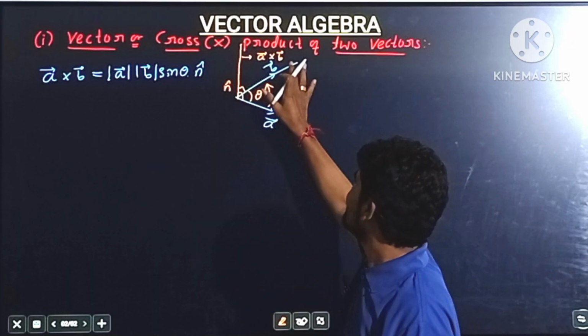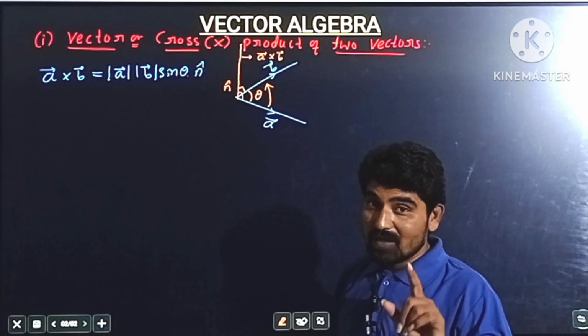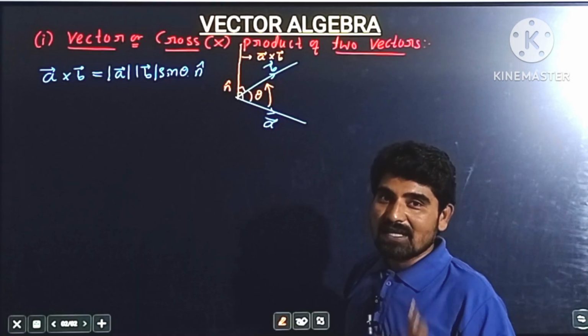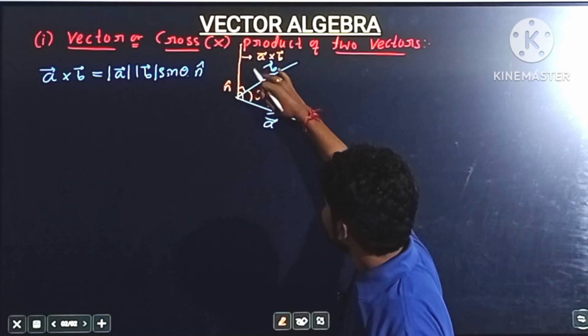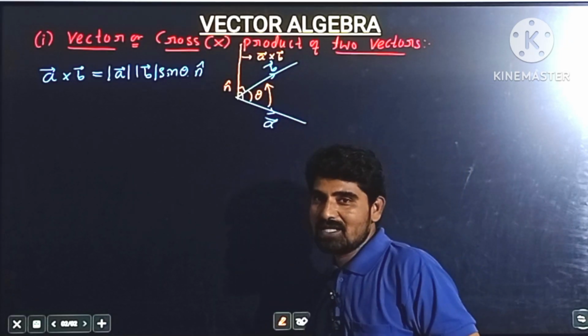It means a vector cross b vector is also perpendicular to both a vector and b vector. What is the geometrical meaning of cross product of two vectors a and b? A vector cross b vector is a vector which is perpendicular to both a vector and b vector.